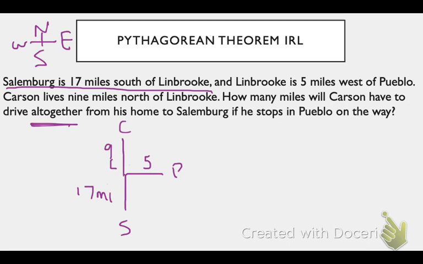And so, yes, he could drive 9 miles, 5 miles, back 5 miles, down 17 miles, but that would be a lot longer of a trip than if he just drove the diagonals. So I'm going to make 2 triangles out of this. All right, and I'm finding C on both of these. So I need to find the hypotenuse on the first one, the hypotenuse on the second one, and add them together.